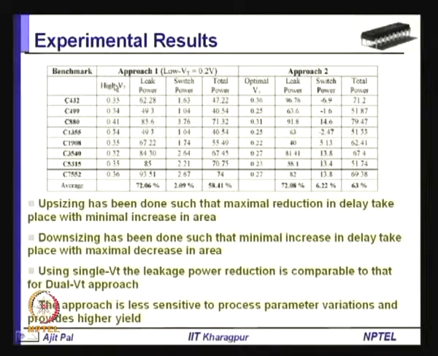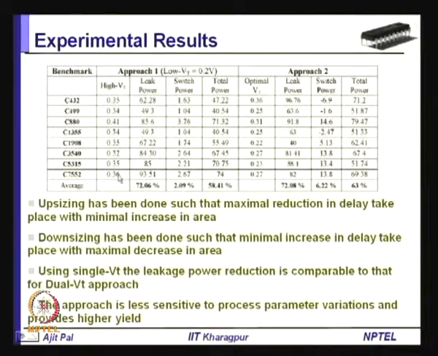Here you can see this is the result of dual threshold voltage. Whenever you realize circuits using dual threshold voltage, a reduction of 72.06% occurs, and on the other hand, whenever we use a single threshold voltage with the approach that I have discussed in detail, we can see there is a 72.08% reduction in the leakage power.